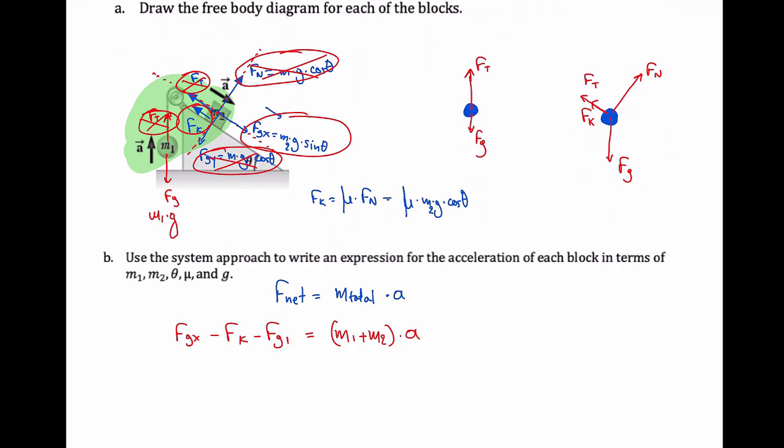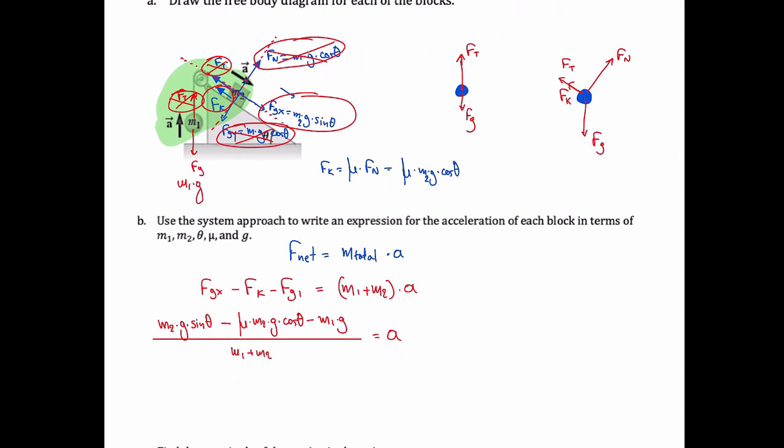So we get m2 times g times sine theta minus, for the kinetic friction we know that it is mu times m2 times g times cosine theta, minus m1 times g, all over m1 plus m2, equal to the acceleration.